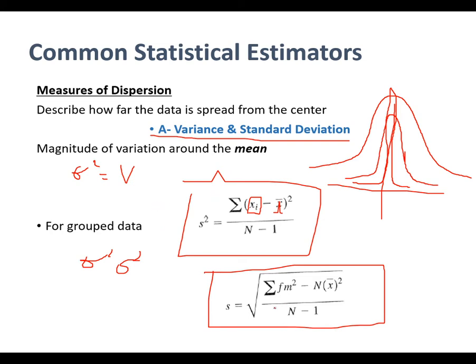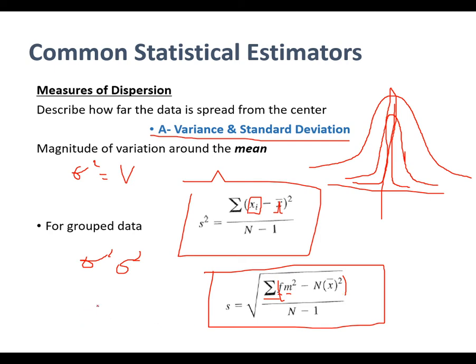So this is how you do it. This is another equation for how to do it in case you have ordered data in different groups. So it's sigma, the frequency of every group, times the mid value of every group squared, minus n, the number of observations, 50 in the baseball case, times the square of the mean. And you do this for every single group. Let's say you have 5 groups.